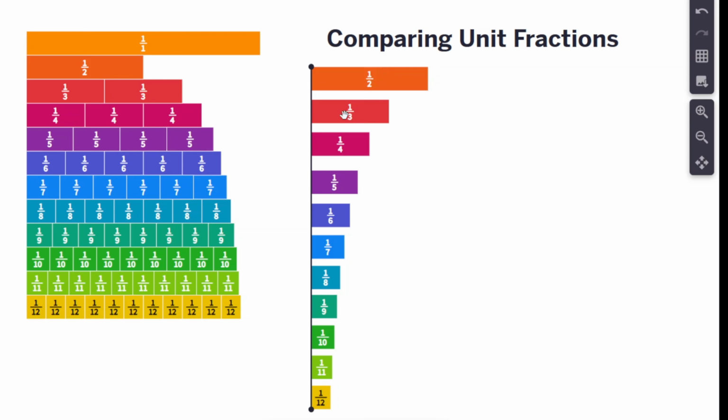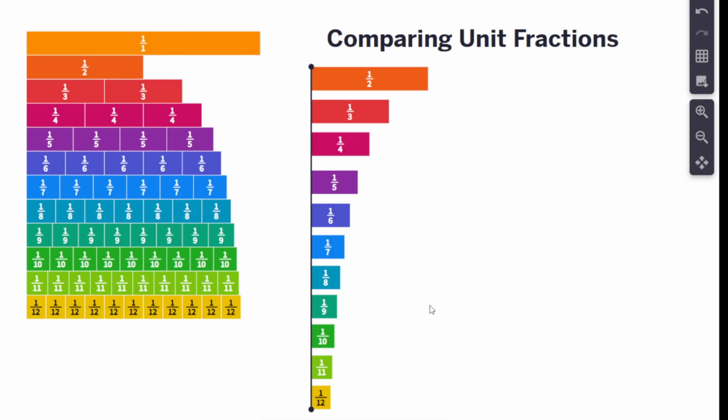Do you think the numerator affects the size? Or do you think the denominator affects the size? The denominator actually affects the size, and we are going to discover more about why that's the case. So these fractions, a third, a quarter, all the way, are called unit fractions.